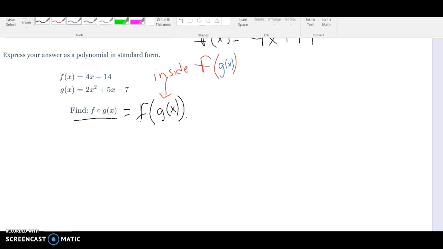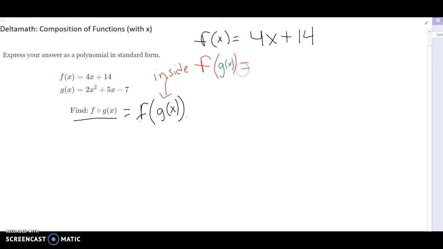So that is also going to change what my equation looks like on this side. 4 times, and it's no longer going to be x because I'm going to replace it with g of x. And then I still have plus 14, okay? So I replace my x with g of x.